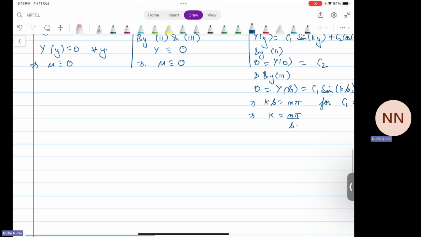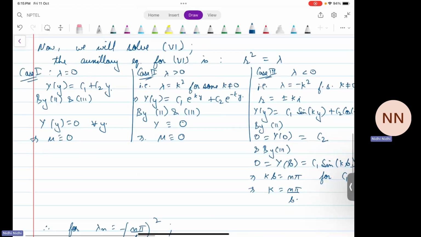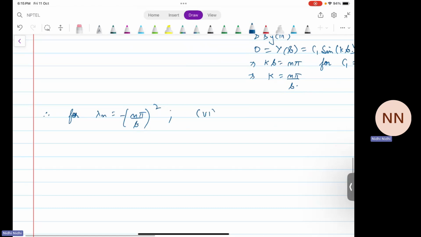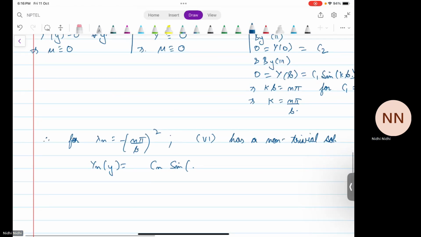Therefore, for lambda n equals minus n pi by b whole square, equation 6 has a non-trivial solution given by y is equal to some constant c n times sine n pi by b y.